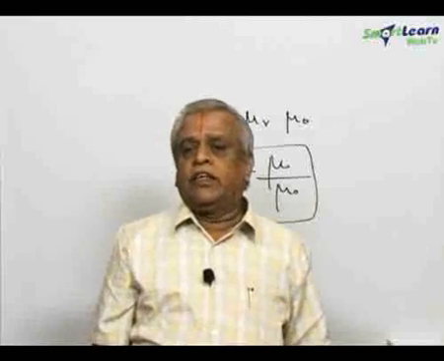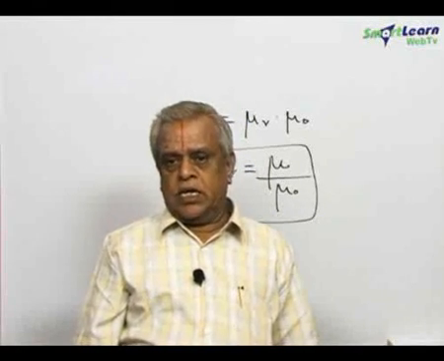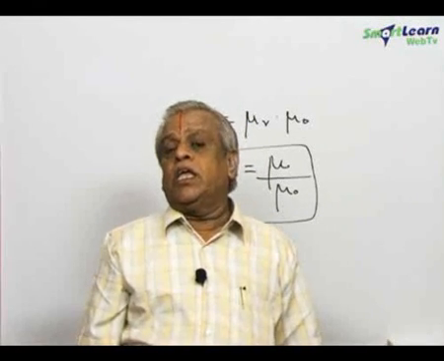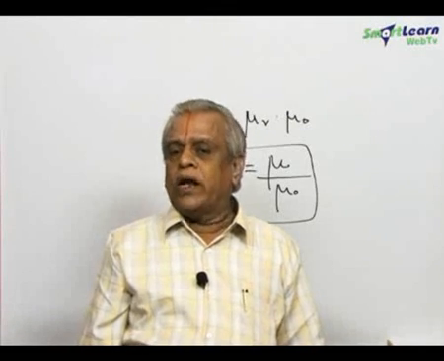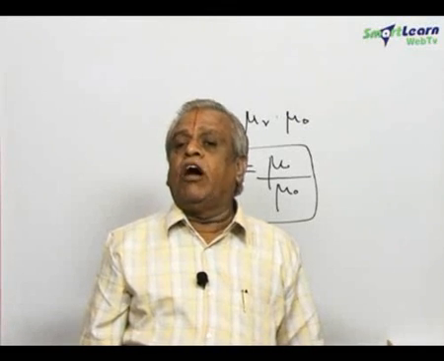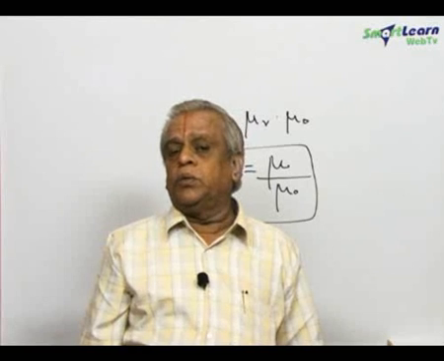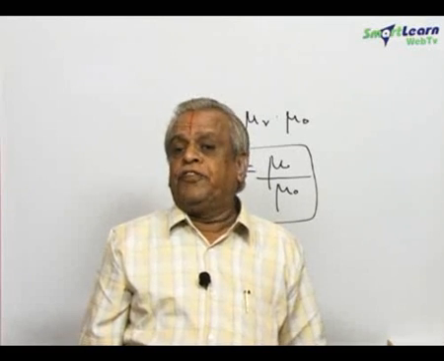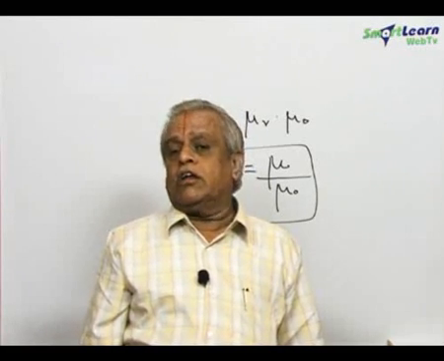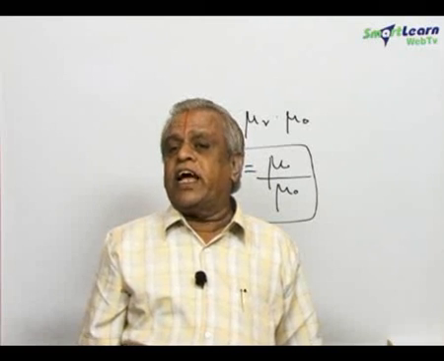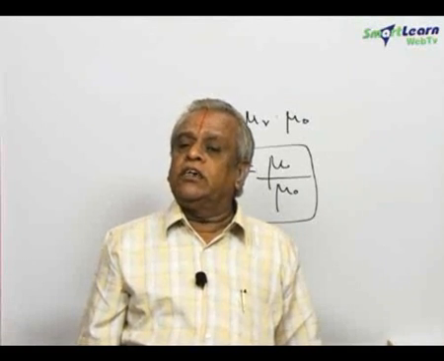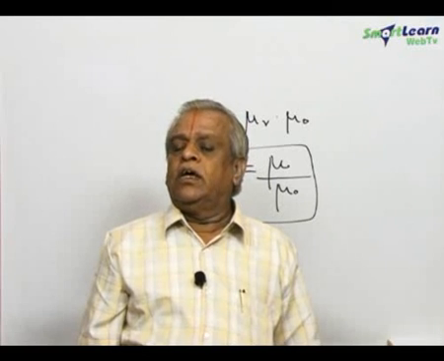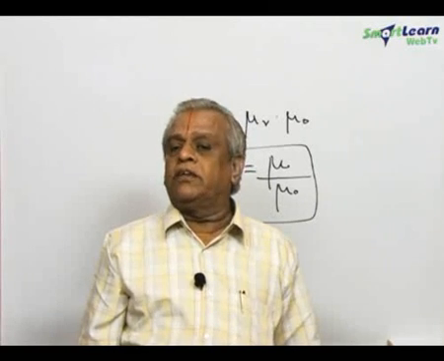Now, this relative permeability may be less than 1, but it will always be positive. If mu r is less than 1 but positive, it is denoted as a diamagnetic substance.